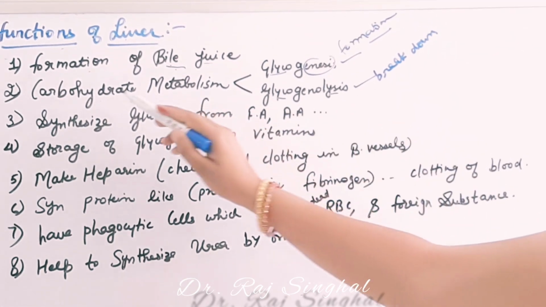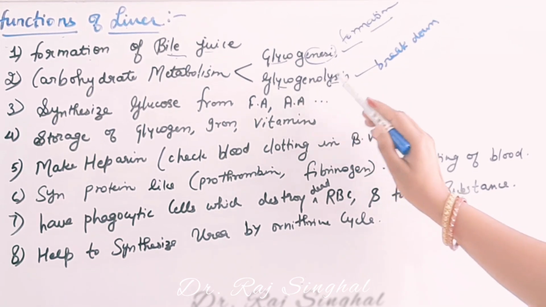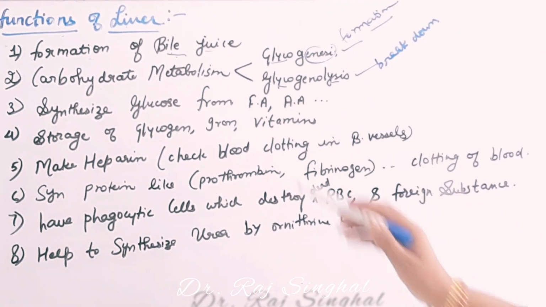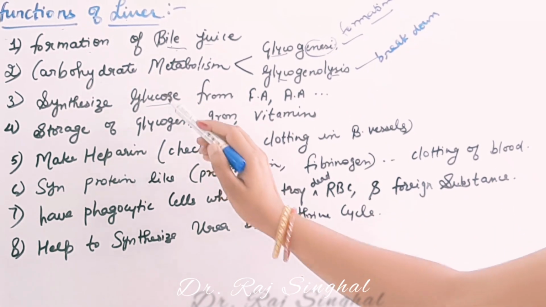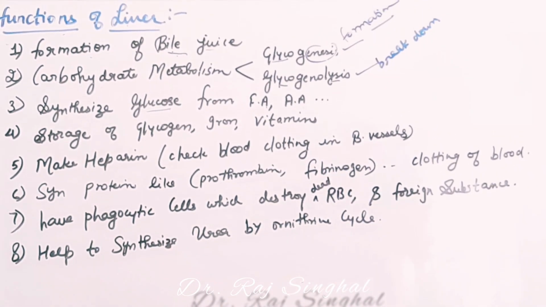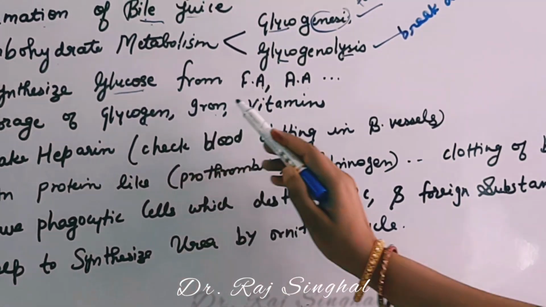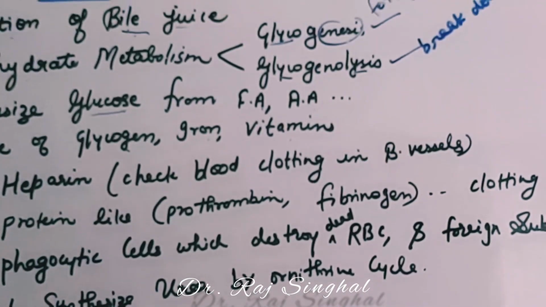Thus, it helps in the metabolism of carbohydrates by glycogenesis as well as glycogenolysis. It also helps in the synthesis of glucose from fatty acids and amino acids whenever in need. It acts as a storage organ for glycogen, iron, vitamins and other compounds.